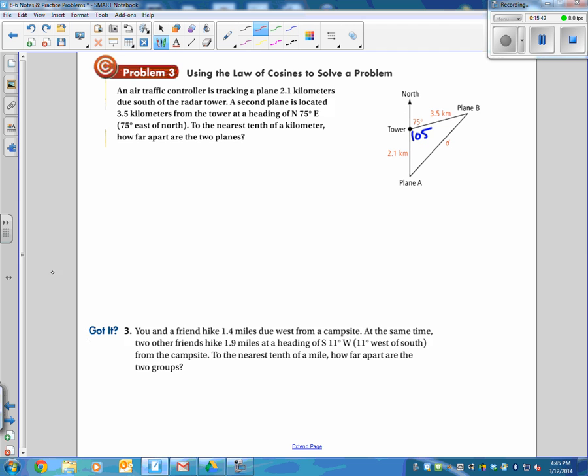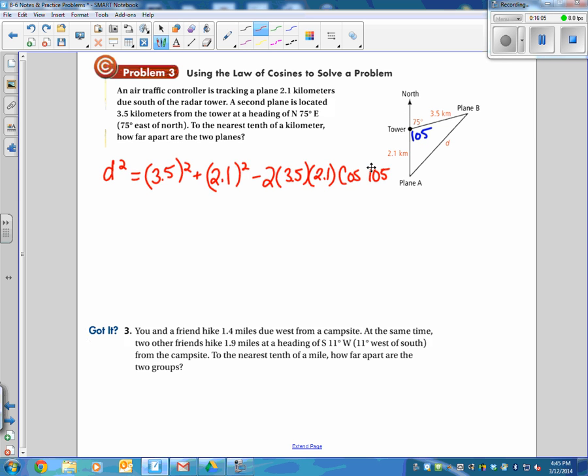So we'll say that d squared is equal to 3.5 squared plus 2.1 squared minus 2 times 3.5 times 2.1 times the cosine of what?